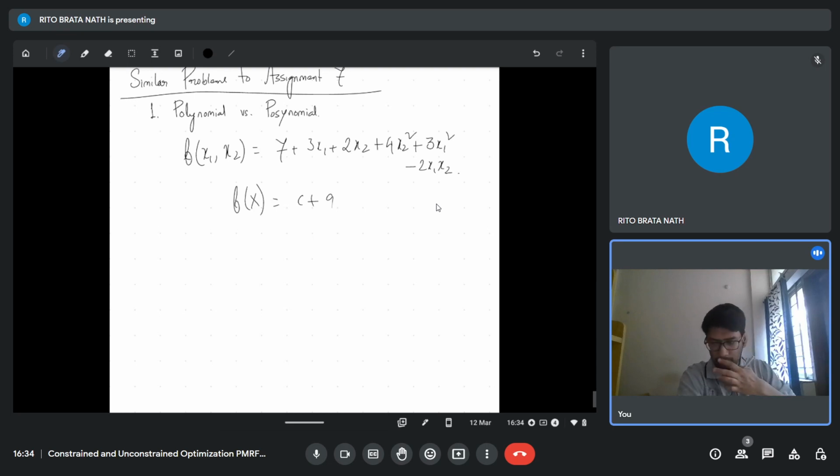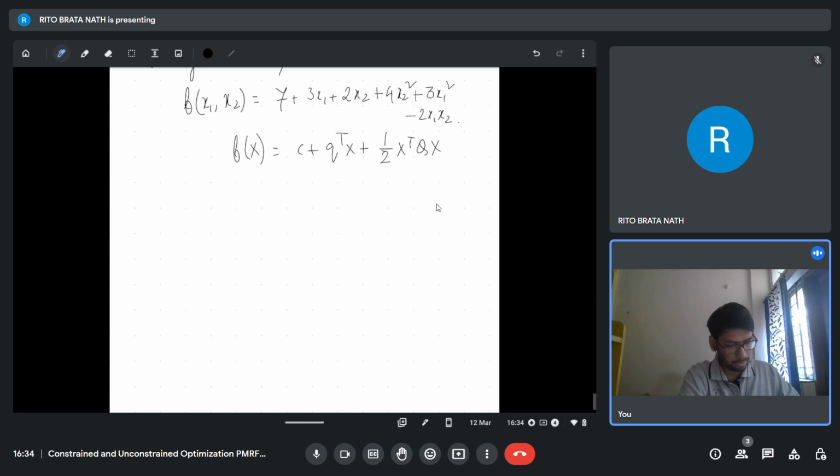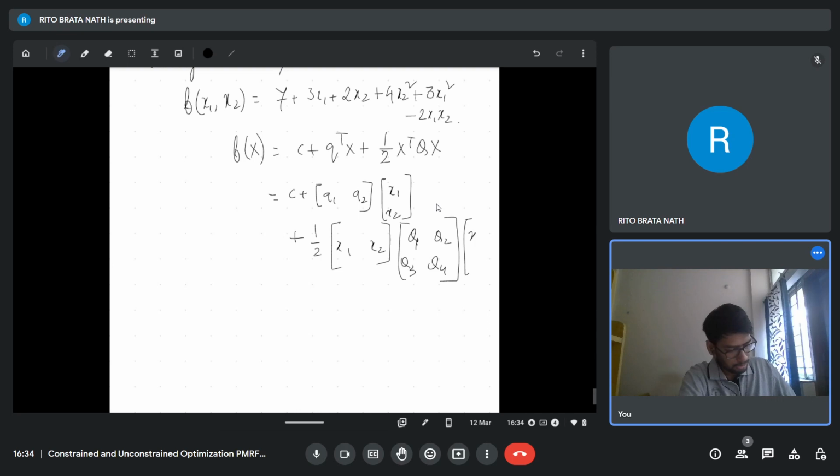So what you can do here is that you have to find the C and this Q, small q, capital Q, and other things. So what you can do, and write it as C plus q1, q2 times x1, x2, plus half x1, x2 times Q1, Q2, Q3, Q4, times this.